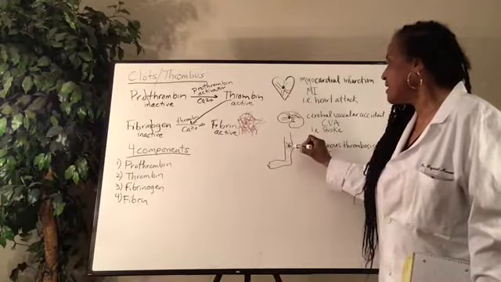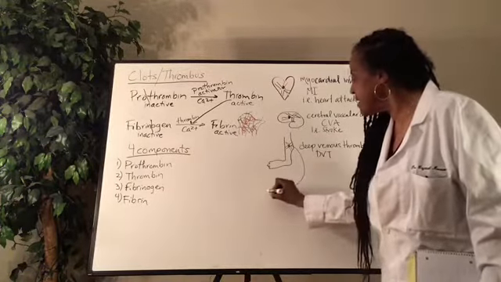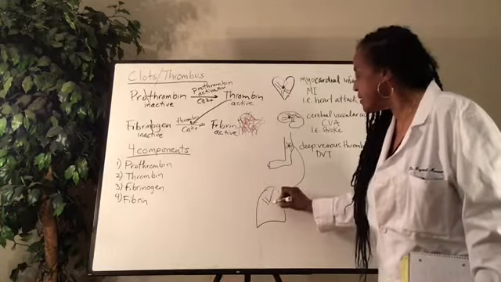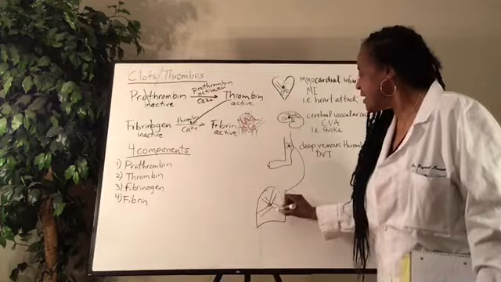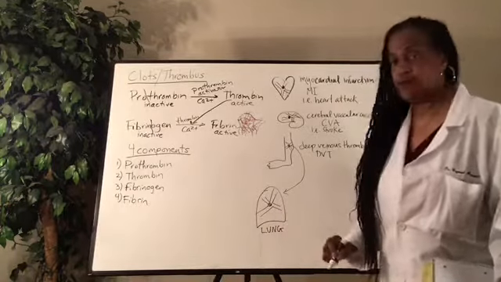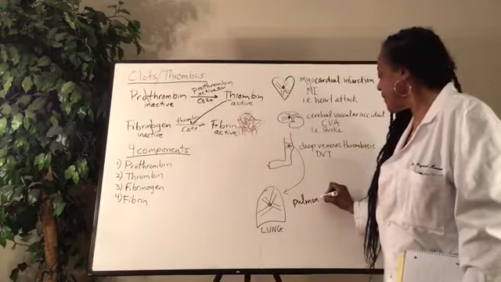Interestingly, this clot can travel, and a traveling clot goes to, let me draw some vessels here. So this is the lung, and another name for lung is pulmonary, right?